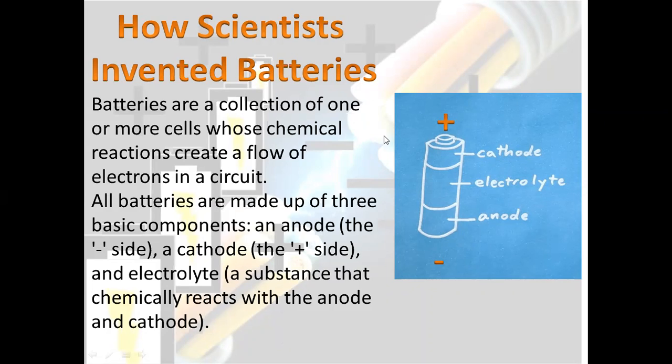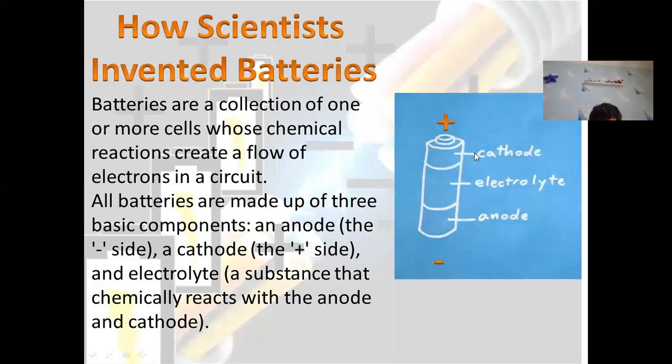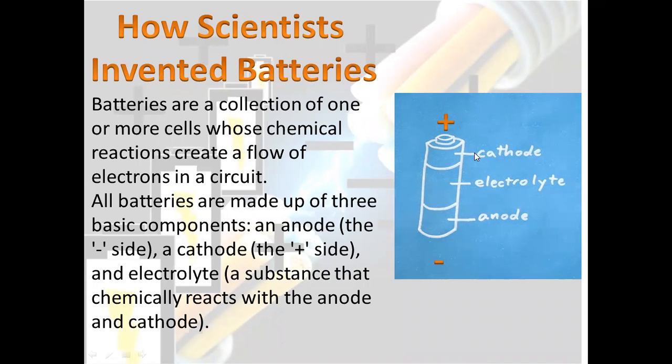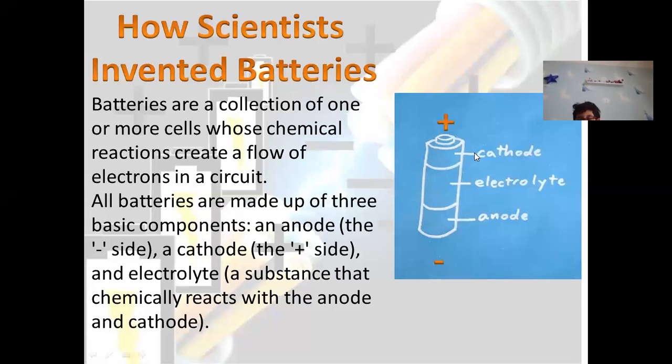All batteries are made up of three basic components: an anode, the negative side; a cathode, the positive side, very good; and an electrolyte, a substance that chemically reacts with the anode and cathode.